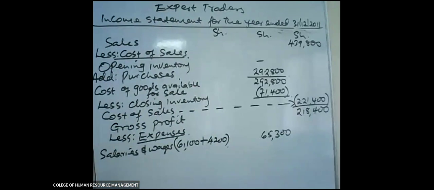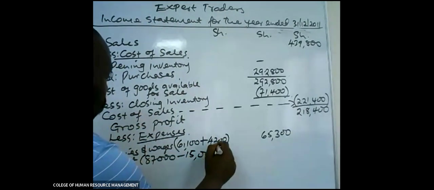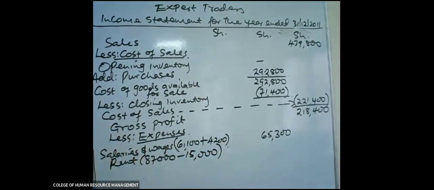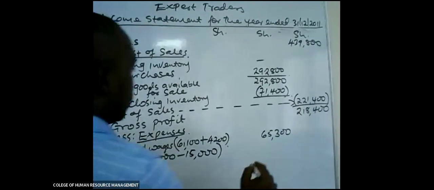Then it also says prepaid rent, so we also need to do an adjustment on rent. How much was paid? 87,000. When it is a prepayment, you subtract, because we paid excess by 15,000. So for rent, we were supposed to pay 87 minus 15, which is 72,000.